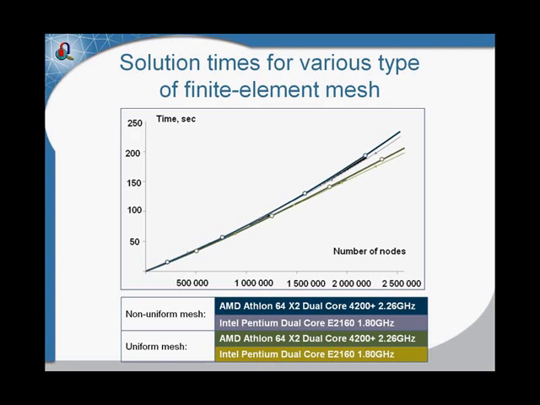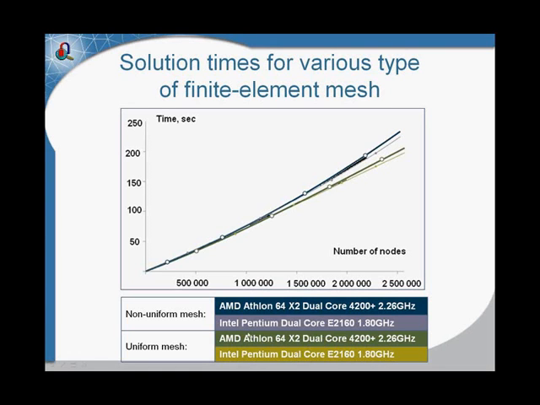I need to say a few words about QuickField speed. Unlike most conventional finite element packages, QuickField solvers are based on our proprietary domain decomposition method and provide almost linear dependency between the mesh size and solution time. This slide shows usual times of solving the problems with uniform and non-uniform meshes on very modest personal computers.